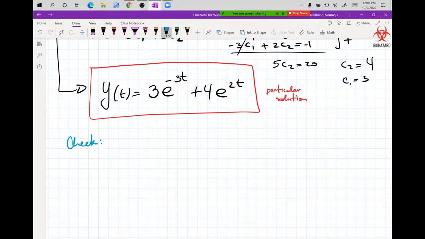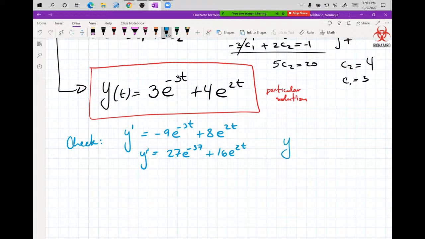And the check is you take derivatives and you plug them in the original differential equation, work some algebra out and make sure that it works. So you will find y prime, that is negative 9e to the negative 3t plus 8e to the 2t. And you also need y double prime, because you need to plug that in as well, which would be 27e to the negative 3t plus 16e to the 2t.